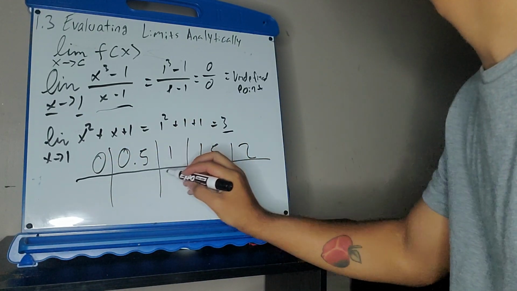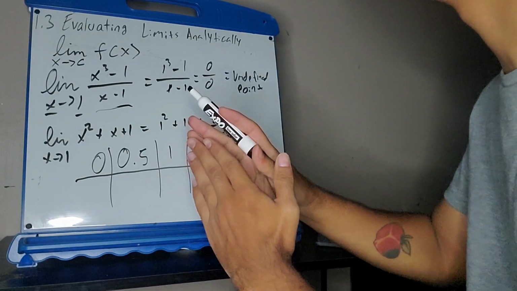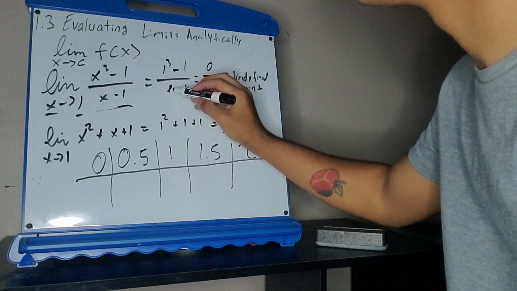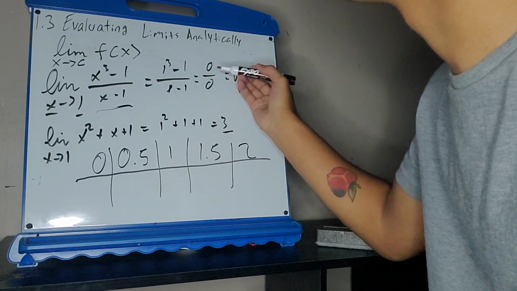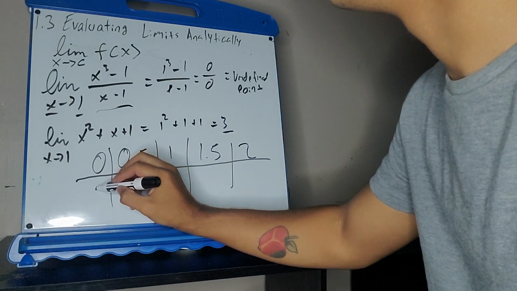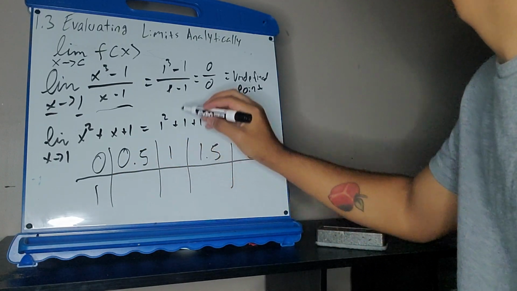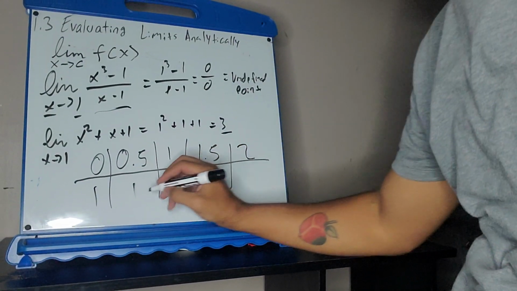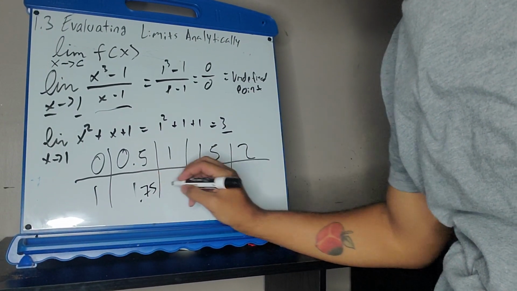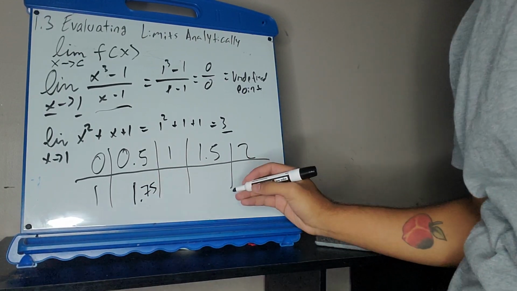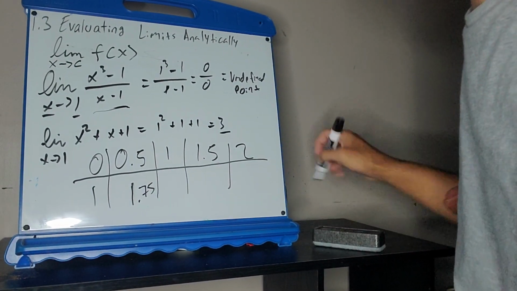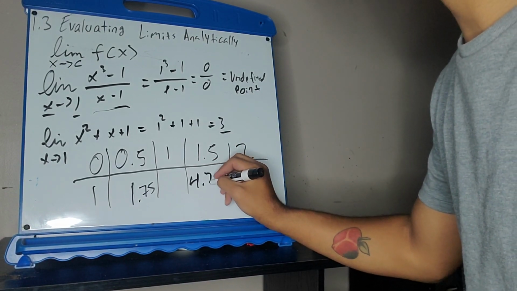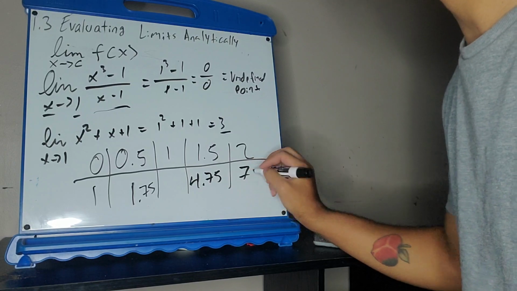And as you get closer and closer to the limit, you'll see a pattern of it approaching a very specific point. So if we evaluate at 0, it'll be 1. At 0.5, it'll be 1.75. After evaluating at 1.5, we'll get 4.75, and at 2, we'll get 7.